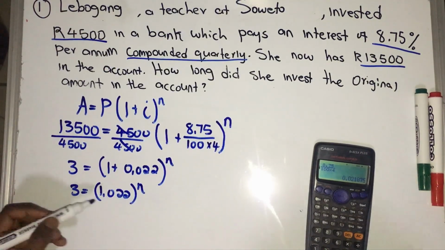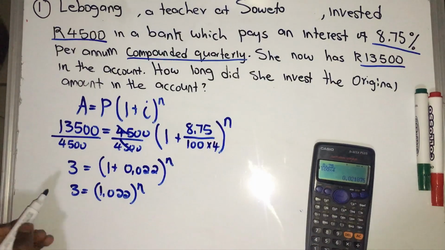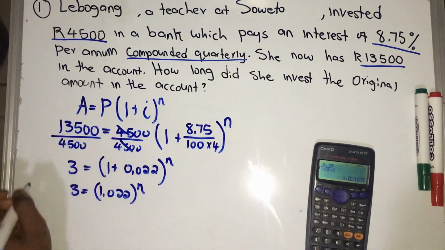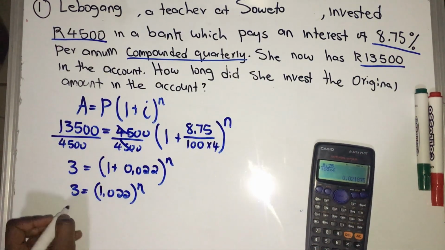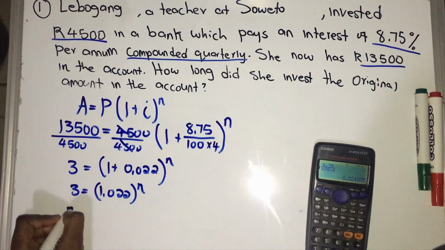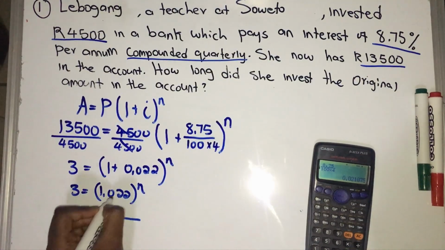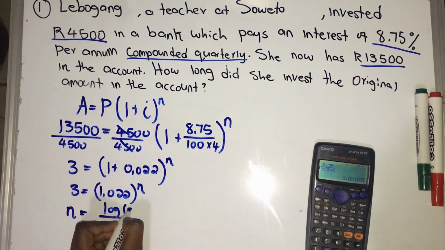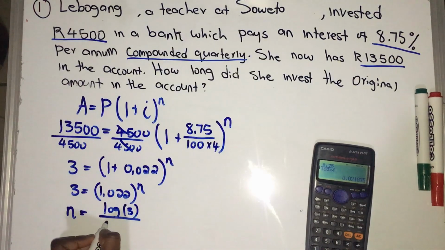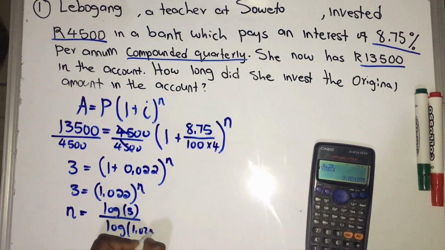Because we're looking for n, we can apply the log rule to this function, such that the exponent is equivalent to the log of your number, which is 3, divided by the log of your base, which is 1.022.